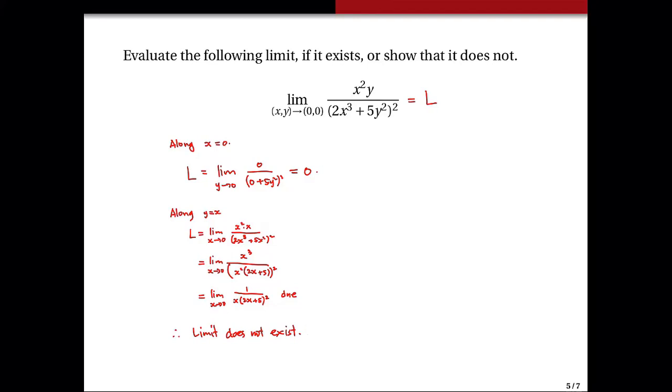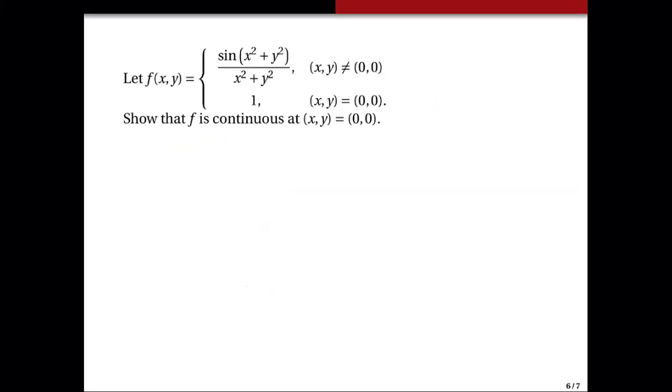Okay. So for the next problem, this will be the last problem that I'm going to do. Let f be this function. It's a piecewise function. Show that f is continuous at the point (x, y) equals (0, 0). So how do we do this?